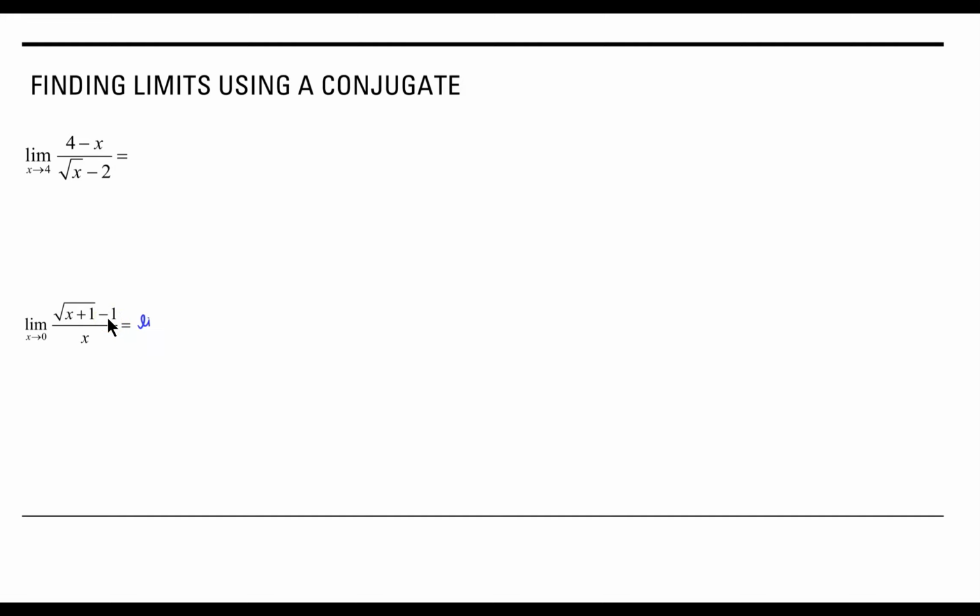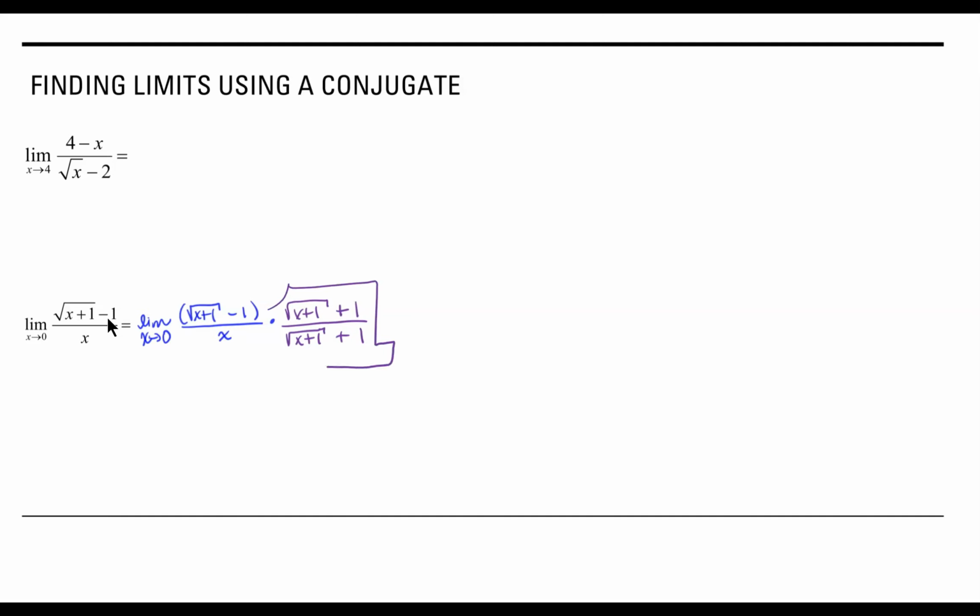So we're going to take the limit as x approaches 0. We have our original function, in the numerator square root of x plus 1 minus 1, and in our denominator just the x. And now we're going to multiply by the conjugate of the numerator in this case. So we're going to have the square root of x plus 1 plus 1 over the square root of x plus 1 plus 1.